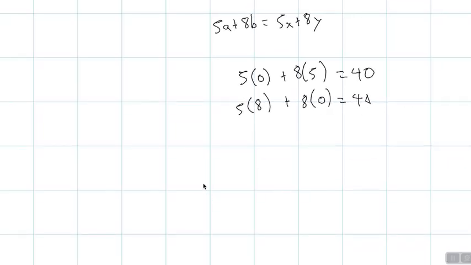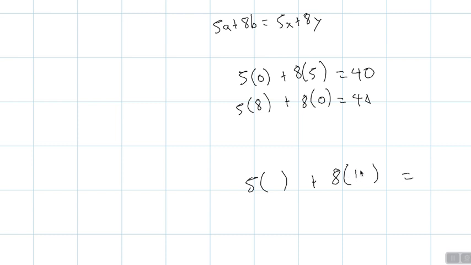So basically, I need to find that this number 5 is multiplying by something, 8 is multiplying by something, such that when I decrease the value of this by 5 and increase the value of this by 8, it leads to either these two numbers being equal or this being greater than that number.